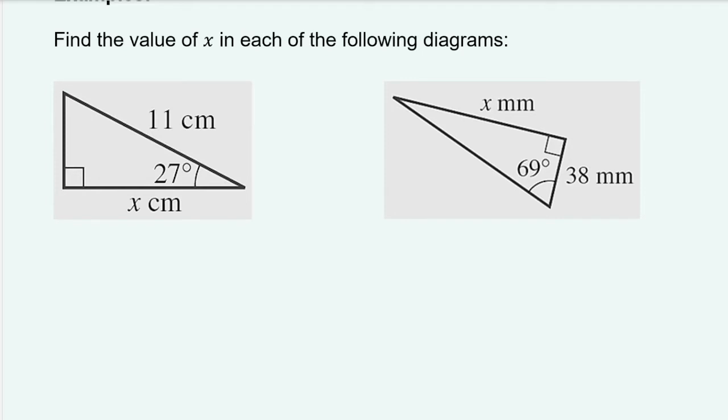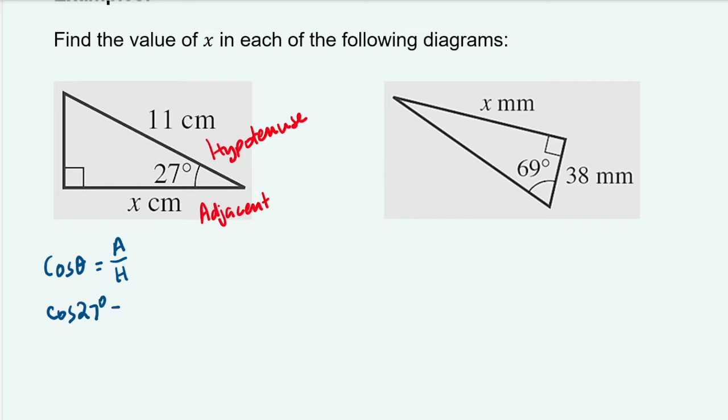Here we have an adjacent side and the hypotenuse. So that would mean the cosine ratio. So we go cosine of theta equals A over H. Cos of 27 degrees is going to be X over 11.